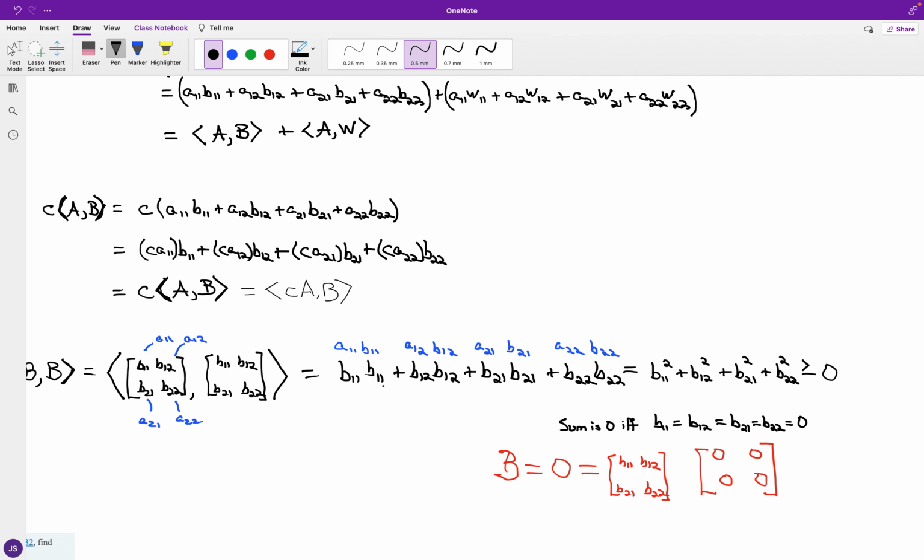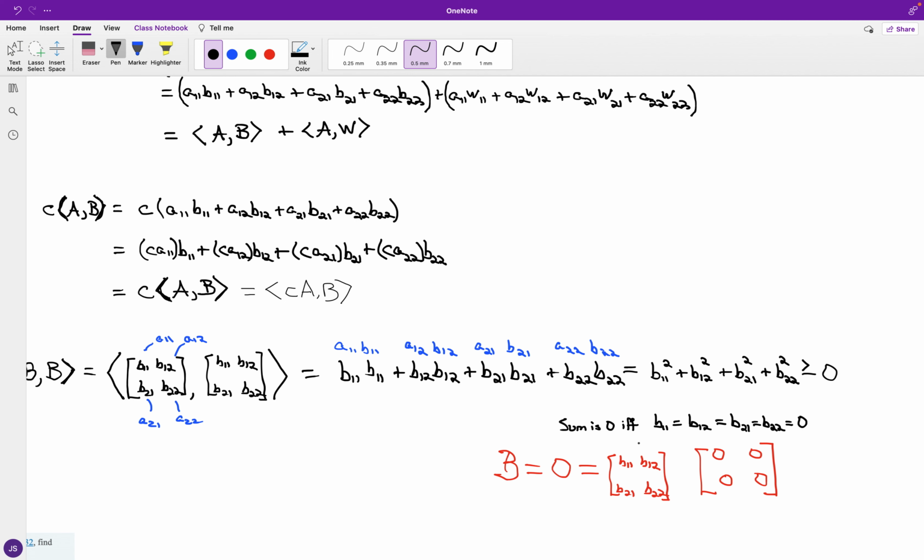And guess what? With the pairings, we'll have B sub 1 1 squared all the way out to B sub 2 2 squared, and the sum is going to be greater than or equal to 0. Again, the sum of squares will only be non-negative, so it will be either 0 or positive.